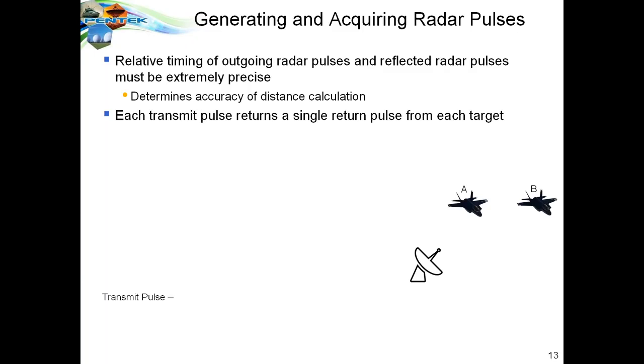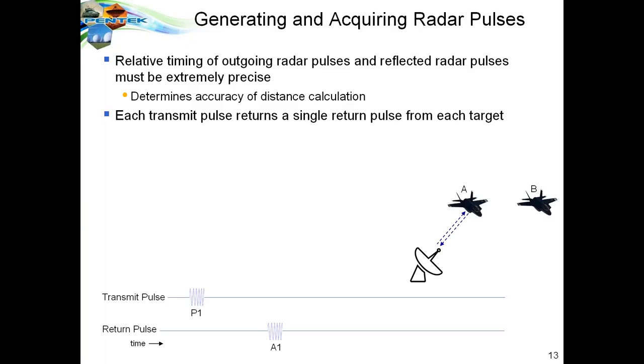So imagine we have a radar system and we transmit a pulse P1 which gets sent up to target A and which returns a return pulse at time A1. And let's suppose we have another target B that returns from the same outgoing pulse a signal at time B1. And you can see that, of course, the B1 return pulse is later in time because target B is farther away from the antenna.